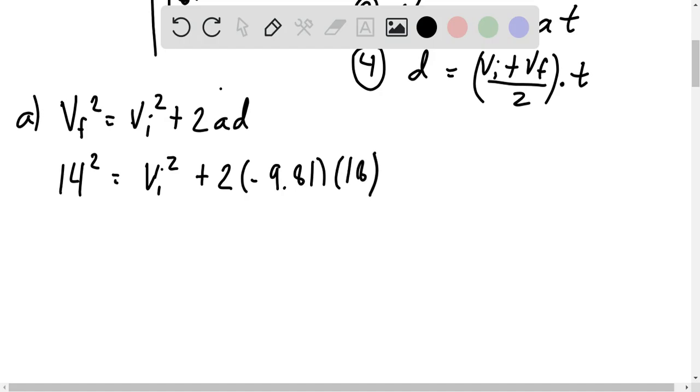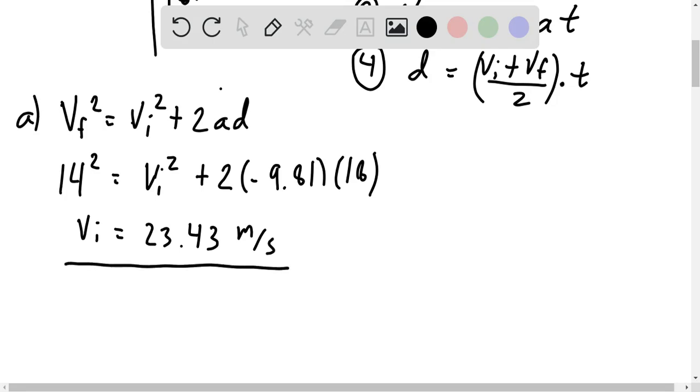And so when you solve for vi, you find that vi equals 23.43, and in the final answer, you should always include your units, meters per second. And if you include your units, you'll find that, in fact, meters per second does come out.